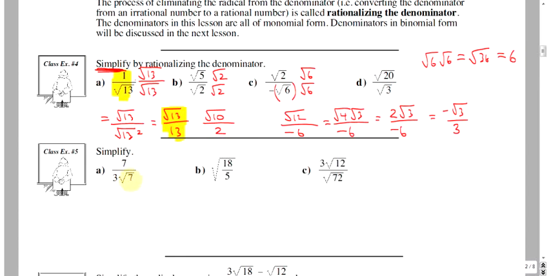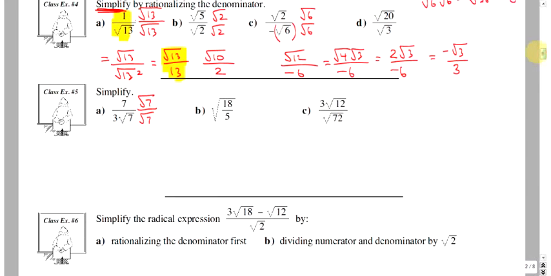What do I want to do to get rid of root 7? I want to multiply top and bottom by root 7. Okay? On the top, what do I have? 7 root 7.